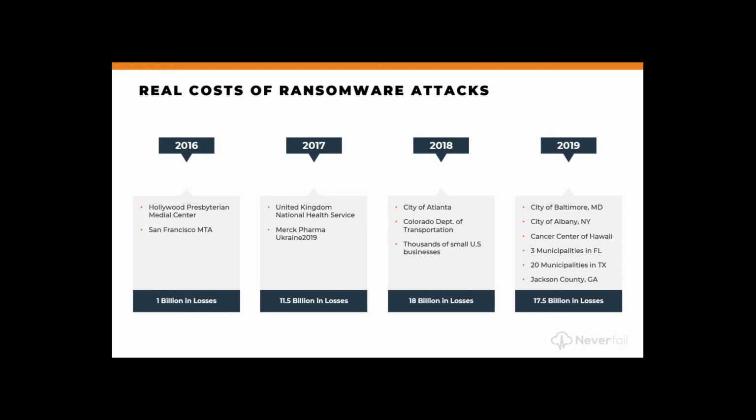So what we're seeing here is a pattern from 2015, 2016 to now, where they progressively started targeting different types of verticals, so different types of industries, in order to not only steal private information, but also make money from these hard lockups and encrypting very critical systems. So this is where we're at, and it's only growing.